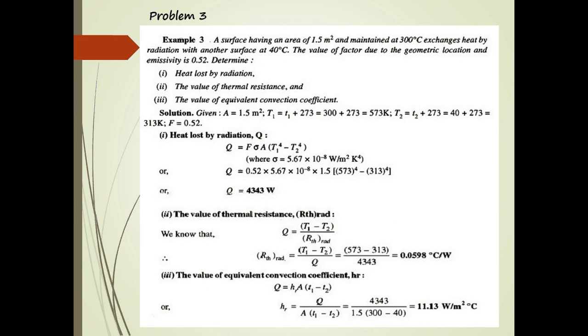So Q is equal to hA (Ts minus Tf). Q value is given as 4343. h we have to determine. Area will remain the same, that is 1.5, and Ts and Tf both remain the same, that is 573 and 313. We will get the equivalent convective coefficient h is equal to 11.13 watt per meter square degrees centigrade.